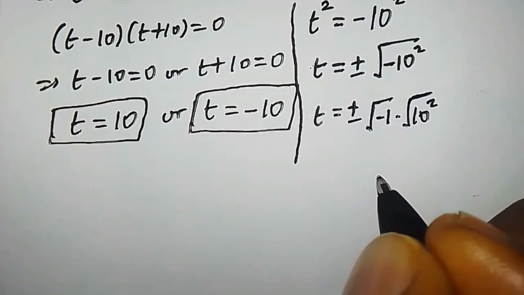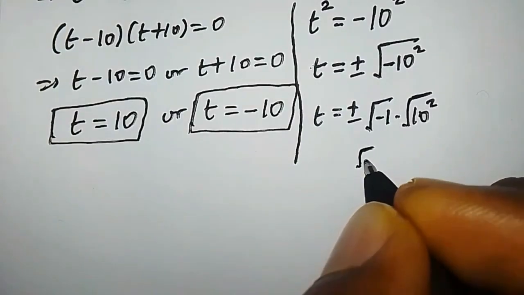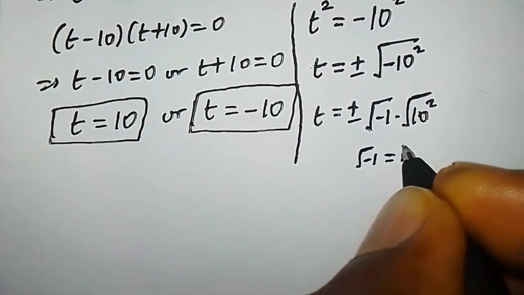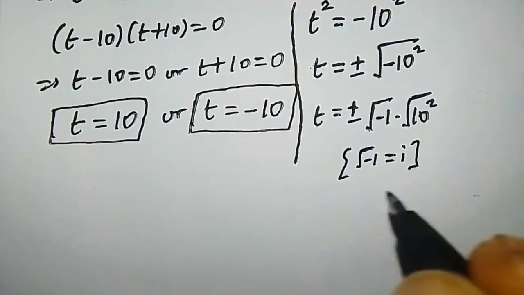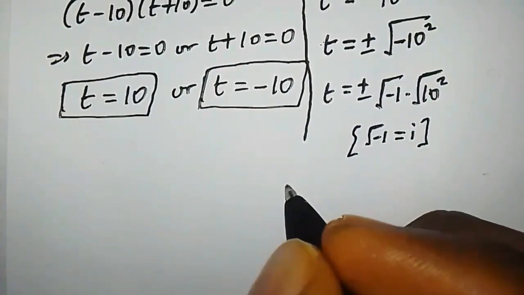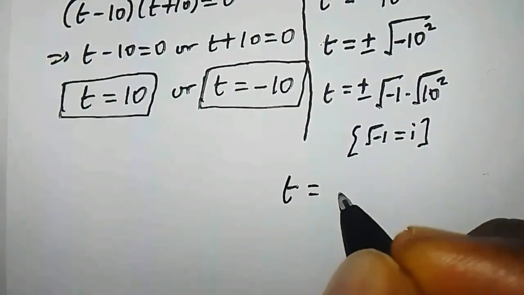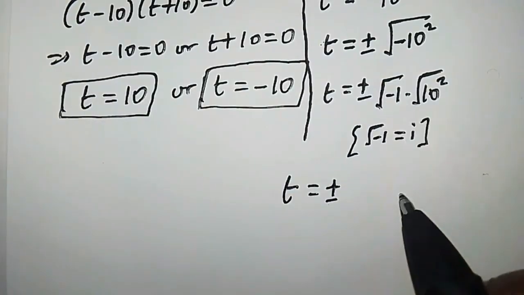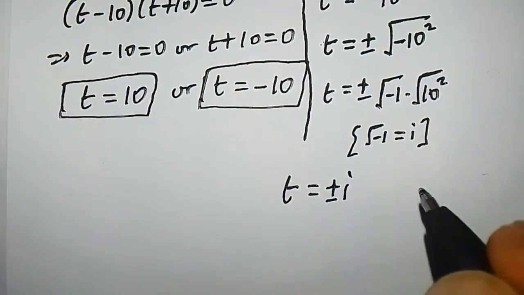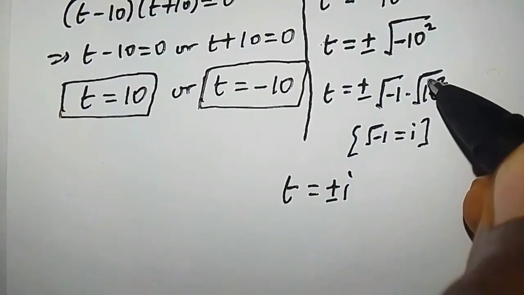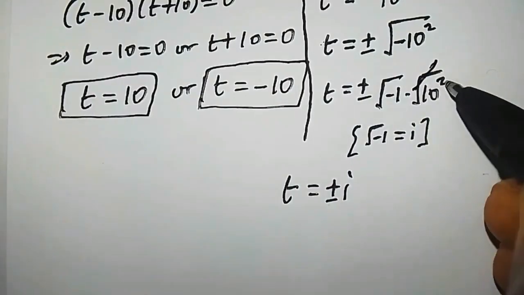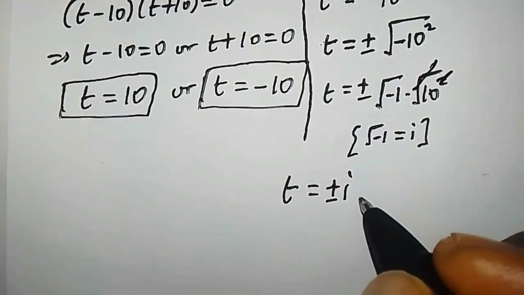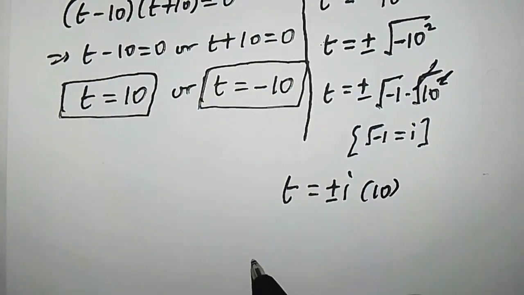Recall that from complex numbers, the square root of -1 is equal to what? It is equal to i. So take note of this. In place of the square root of -1, we write i. And here, this square root takes care of this power. We are left with 10.